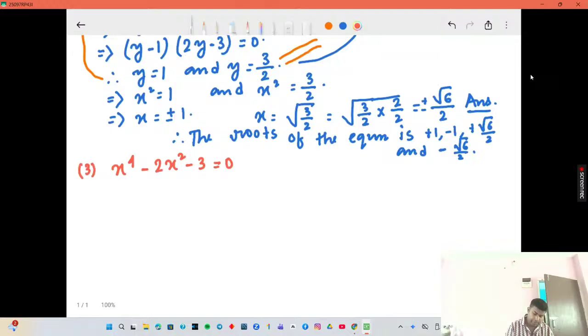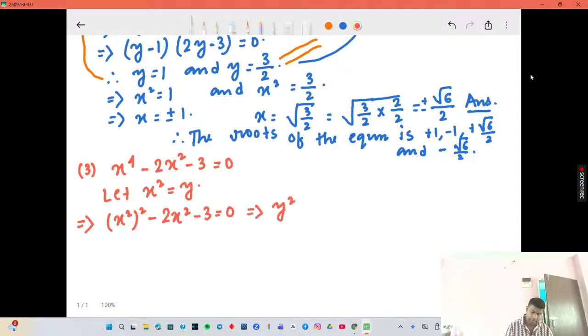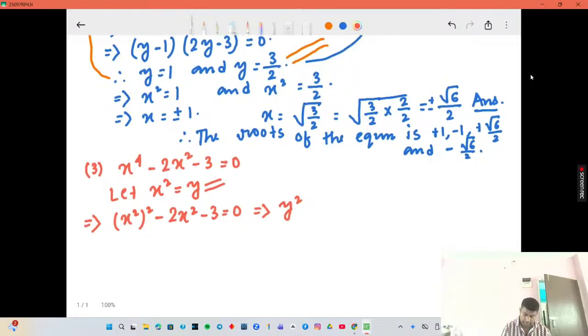Here in the same way we will let x squared is equal to y. So here we can rewrite the equation as x squared whole squared minus 2x squared minus 3 is equal to 0, so y squared. Now we have to put the value of x squared. The value of x squared is y, as you can see in the next line: y squared minus 2y minus 3 is equal to 0.